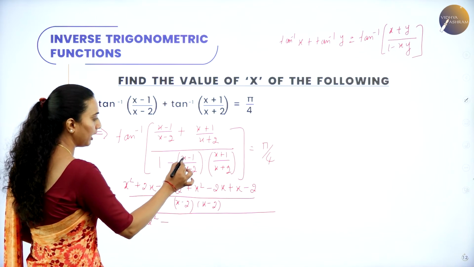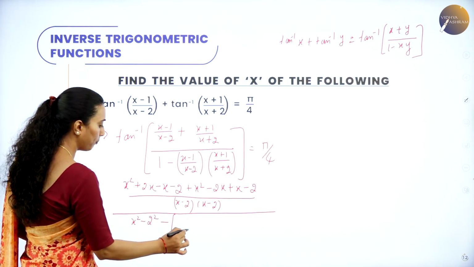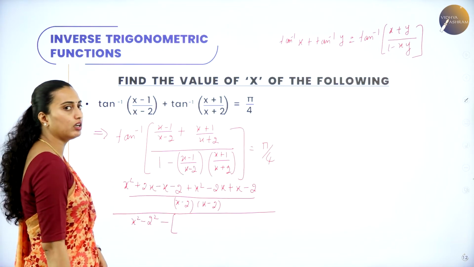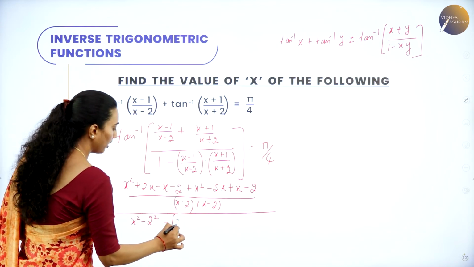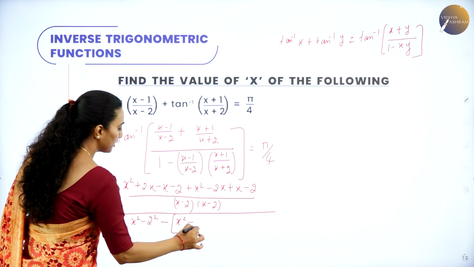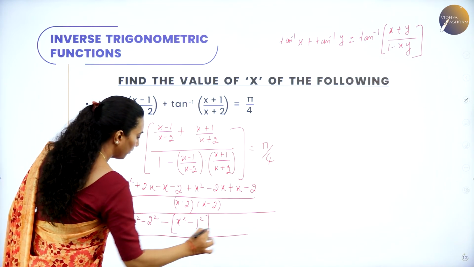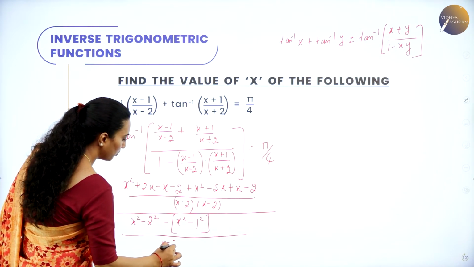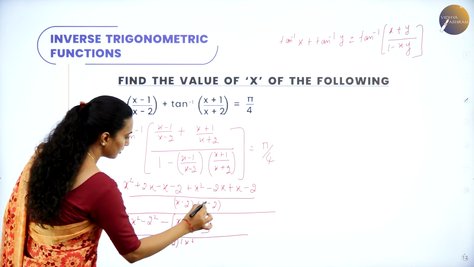Minus again this one a minus b into a plus b. Be careful, minus sign is there. I am going to open the bracket and then I am going to write it in the form of a squared minus b squared, which is x squared minus 1 squared. Correct na? Whole over x minus 2 into x plus 2.